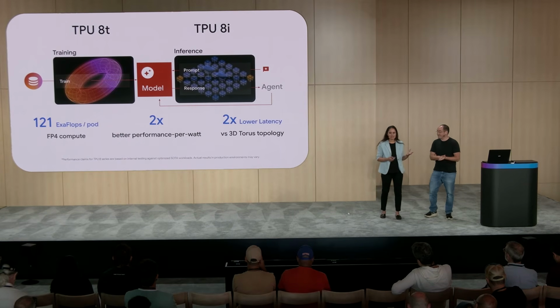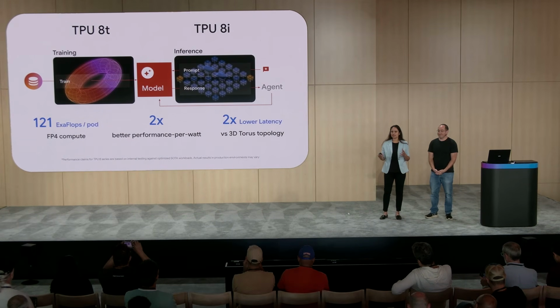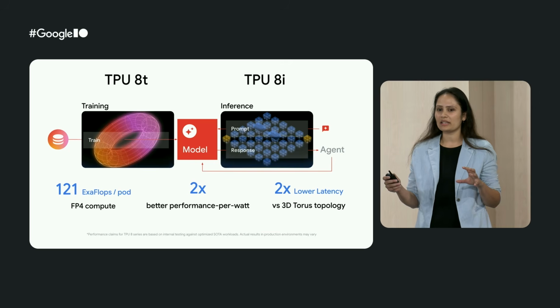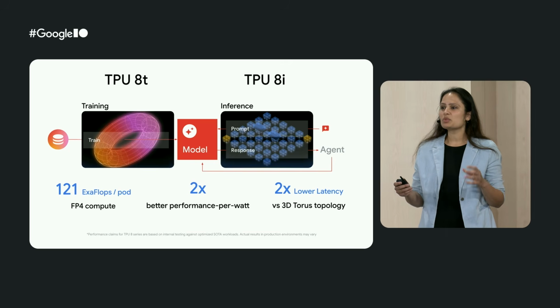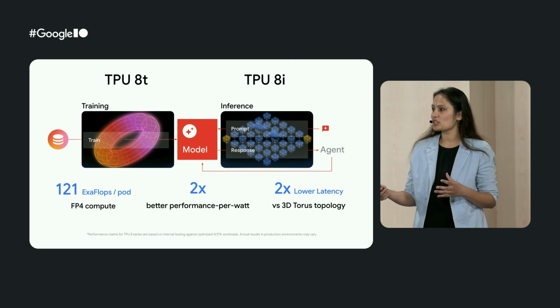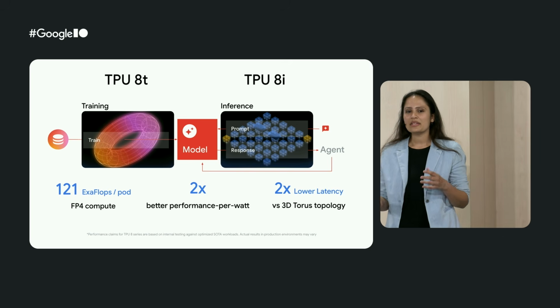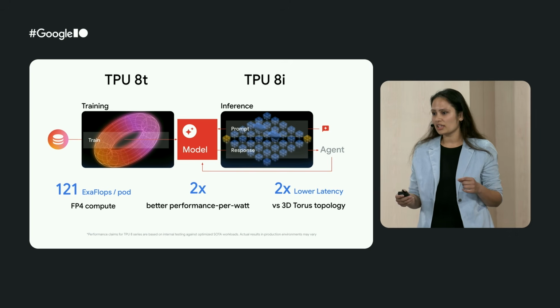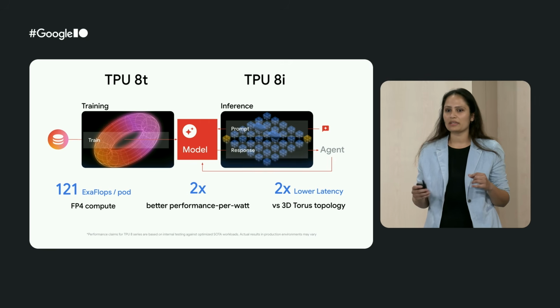Yeah, so as Josh mentioned, as you can see here, there is a clear separation from an architectural standpoint between systems that specialize in training workloads and those that specialize in inference workloads. TPU v8 is our latest generation of TPUs that we announced at Cloud Next.